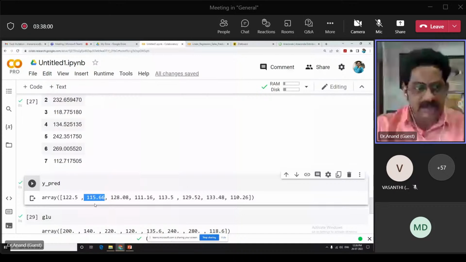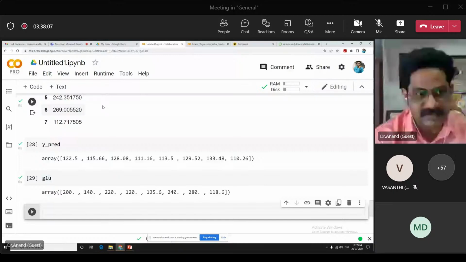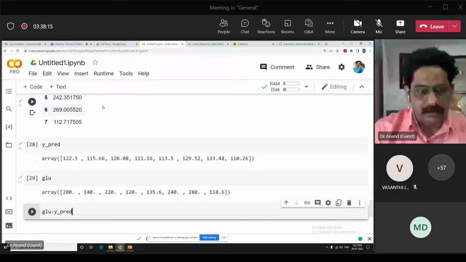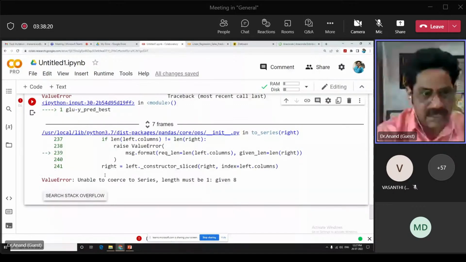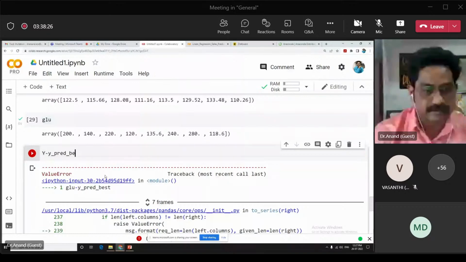Now we wanted to cross check how the residues look now. The actual glucose GLU minus predicted glucose is stored in y pred best, right? Y minus y cap. Because of the data type mismatch, I'll take y minus y pred best.